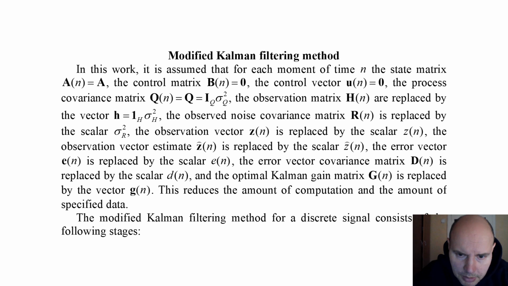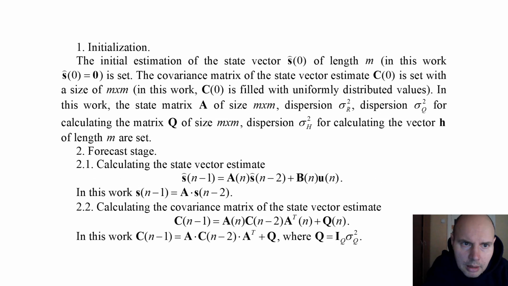The modified Kalman filtering method of discrete signal has the following stages. Initializing. Forecast stage: calculate the state vector estimate in this work, calculate the covariance matrix of the state vector estimate in this work.